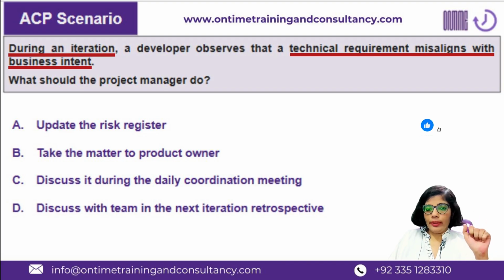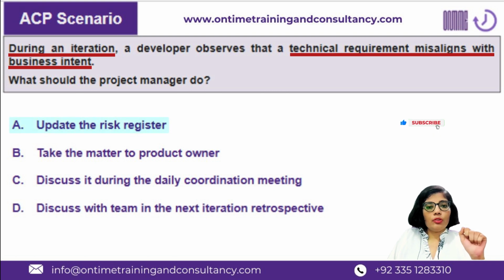Let's check the option choices one by one. A, update the risk register. Yes, this is kind of a risk. So updating the risk register is not harmful. You can update the risk register one way or the other.